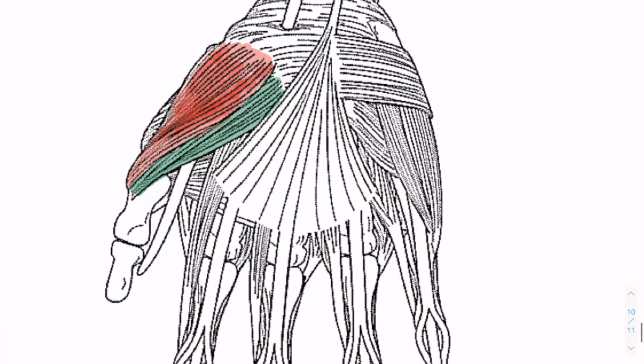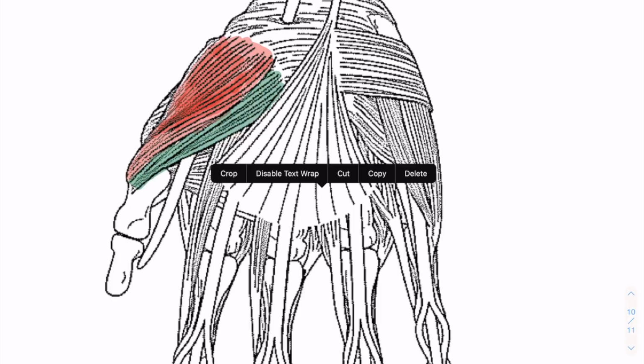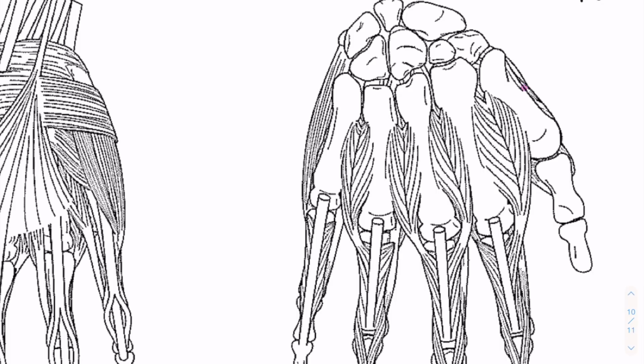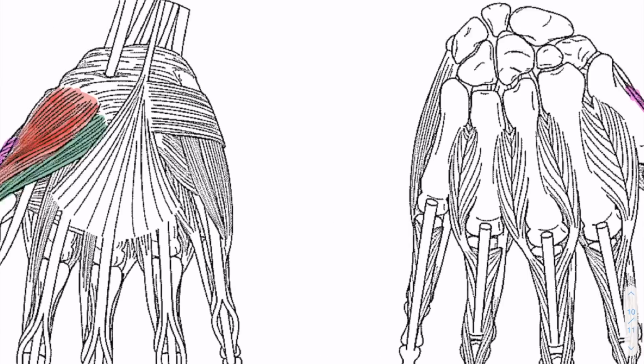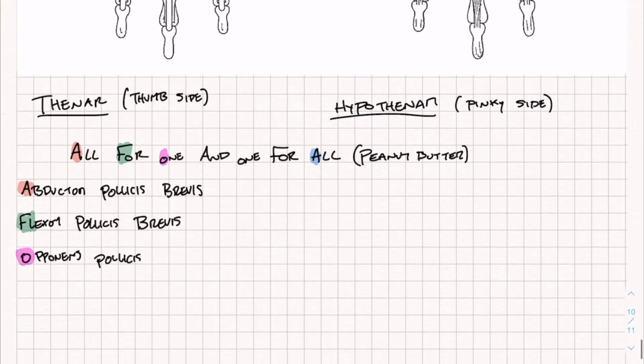It's deep to that abductor and flexor, but we can see a little bit of it over here. And then we can't see any more of it. And if we're looking at this picture, it's kind of over here. But that would just basically pull this joint in to oppose our thumb to touch it with our pinky, which would reach down like that. So that's our opponens pollicis.